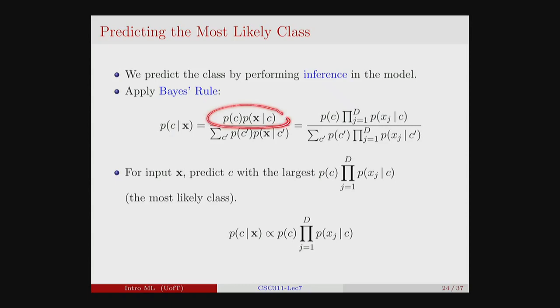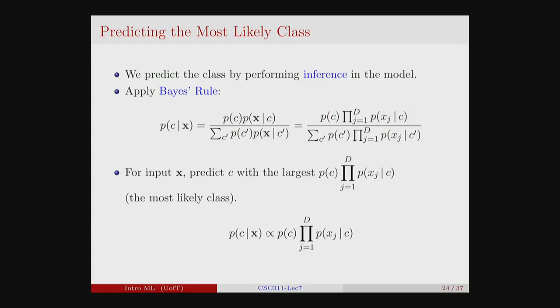Using Bayes' rule, P of C given X is P of C times P of X given C, divided by P of X by definition. This is the result of marginalizing out C prime from the joint distribution. And you can write this down by replacing P of X given C, in both the numerator and denominator, via the naive Bayes assumption.